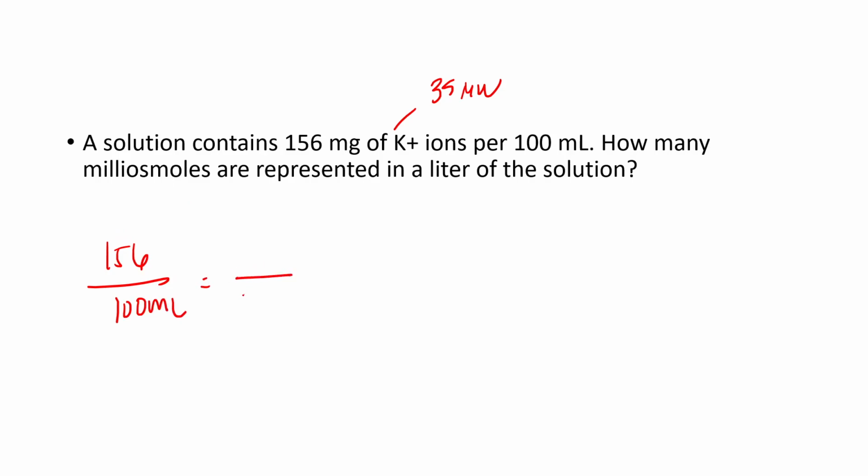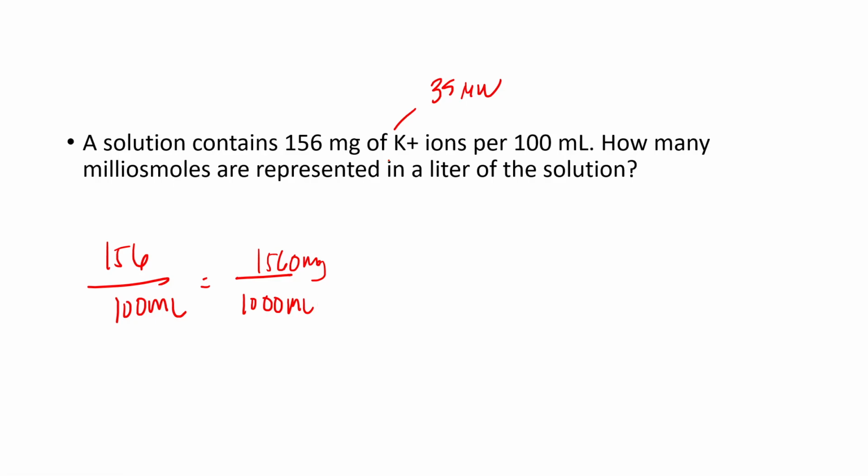Let's ratio and proportion it to get 1000 ml. How many milligrams do we have? 1000 times 156 divided by 100. So it's 1560 milligrams in a liter of solution.